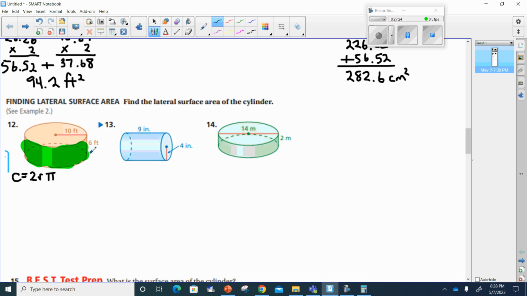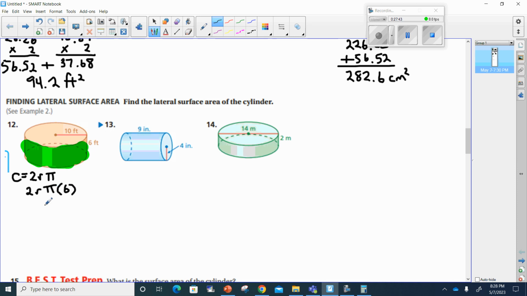And then we're going to multiply it by the height. And in this case, it's 6, right? So we're taking this formula for circumference, 2r pi, and now we're going to alter it and multiply it by 6 when we're done to get the lateral surface.